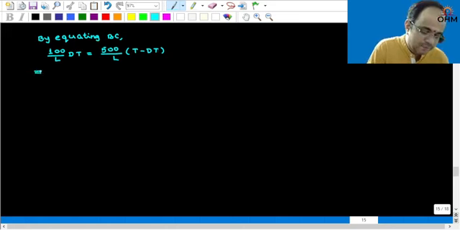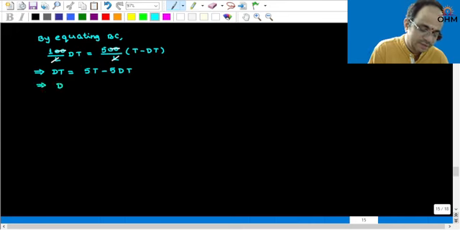Now, by simplifying this, what we will get: first you can cancel L on both sides, these two zeros cancel, then we will be remaining with dt on the left side, and the right hand side is 5T minus 5 into dt.